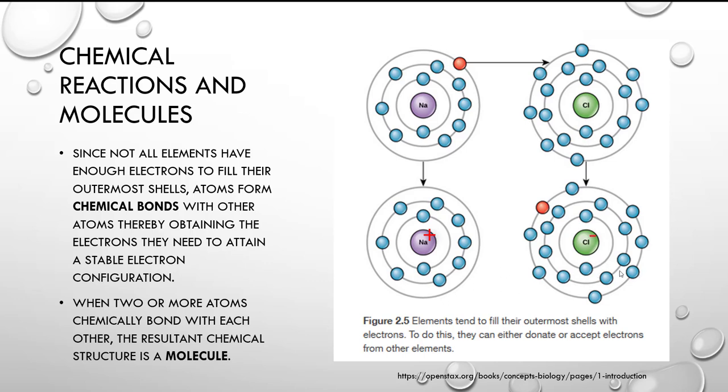By donating and accepting electrons, they form a bond together. In doing so, sodium becomes a positively charged ion and chlorine a negatively charged ion. So they'll form what's called an ionic bond, and we'll get to that in a minute. They'll be forming chemical bonds with each other, and so they will become a molecule.